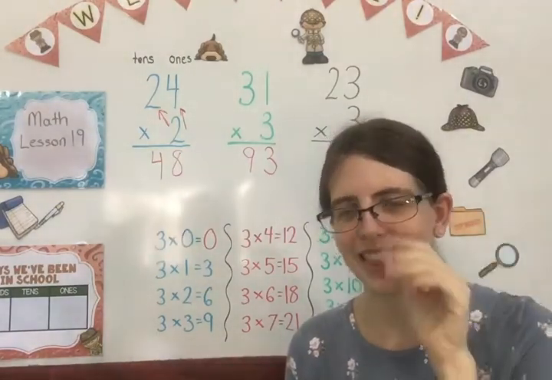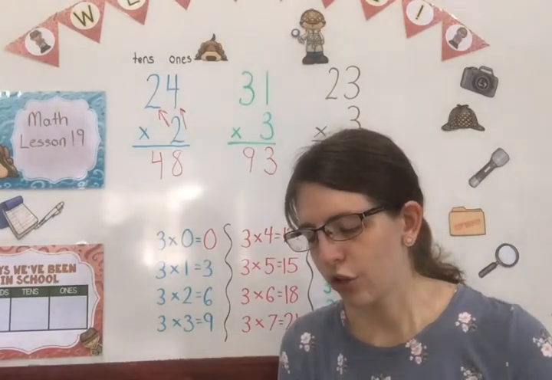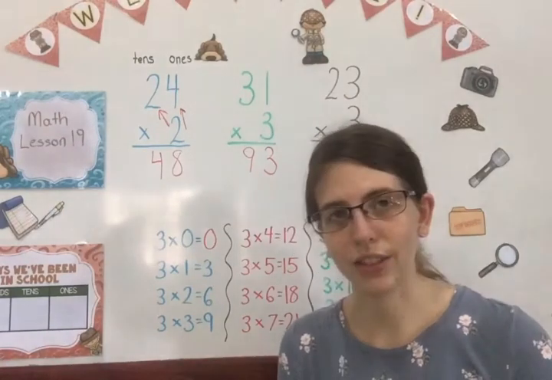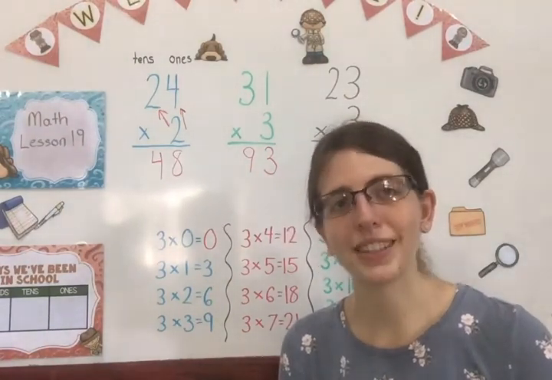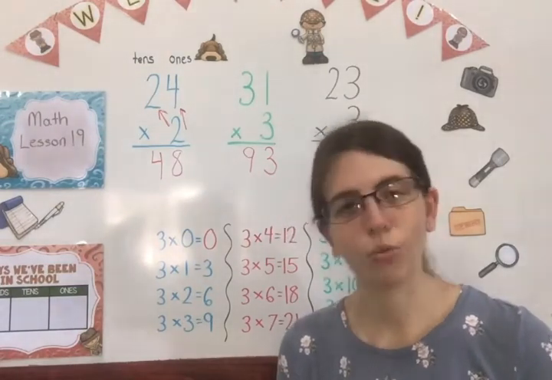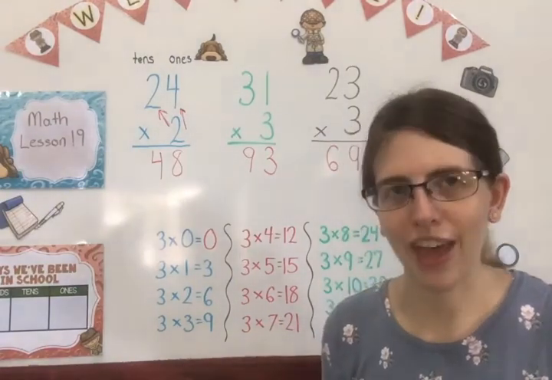Number 6, letter A, 2,725. You need to write these numbers as numbers instead of just words. So 2,725. We'll start with your first part, 2,000.